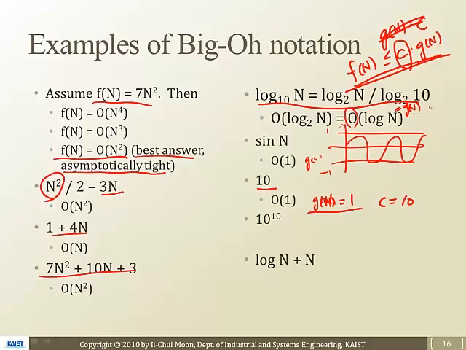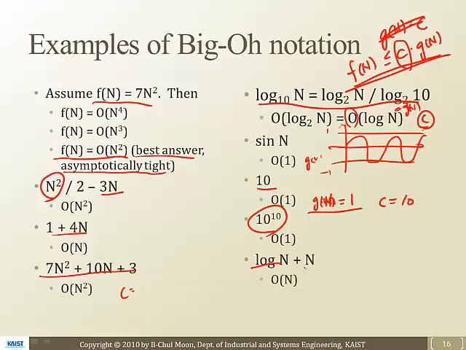And here we can set c to something to match up this log n, like 7 or 8 or 9-ish. Even though this is a big number, it's still constant. So we can say that it's order of 1, order of constant.